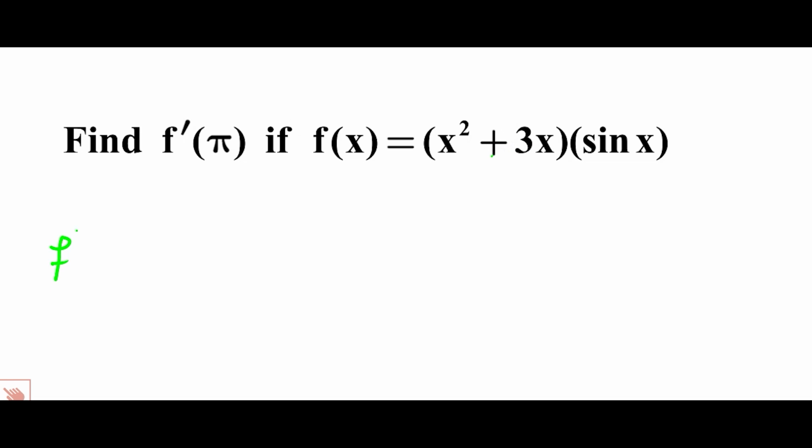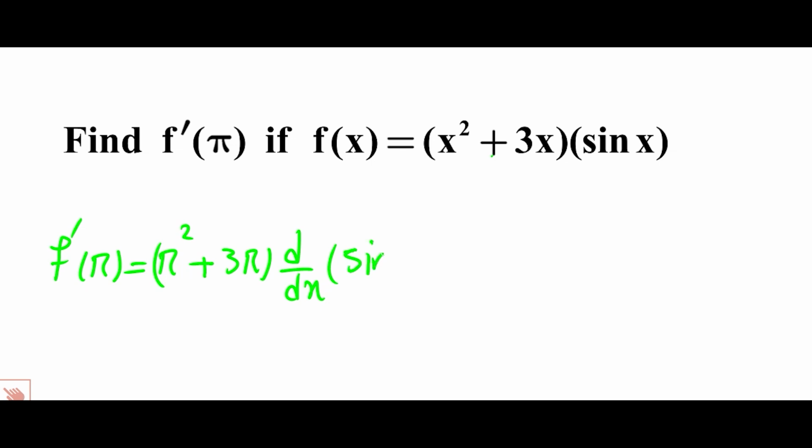So f prime of pi is equal to pi squared plus 3 pi times the derivative of sine of x when x is pi. The derivative of sine of x is cosine of x, so cosine of pi is equal to -1.